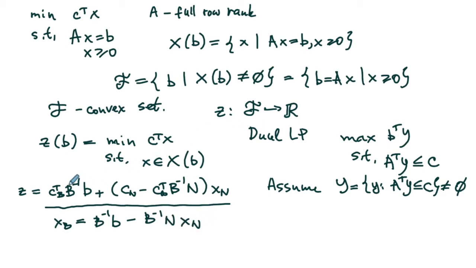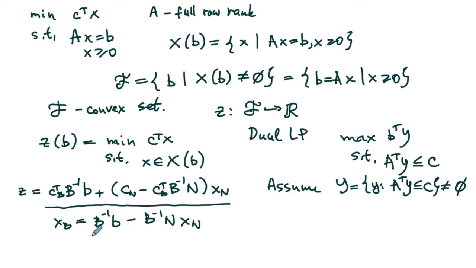Let's see what happens to the optimal objective value Z when we vary the right hand side b. So first of all, if we have a degenerate basis, meaning that some of the entries of this vector B inverse times b are equal to 0, then a slight variation of b may result in infeasibility.